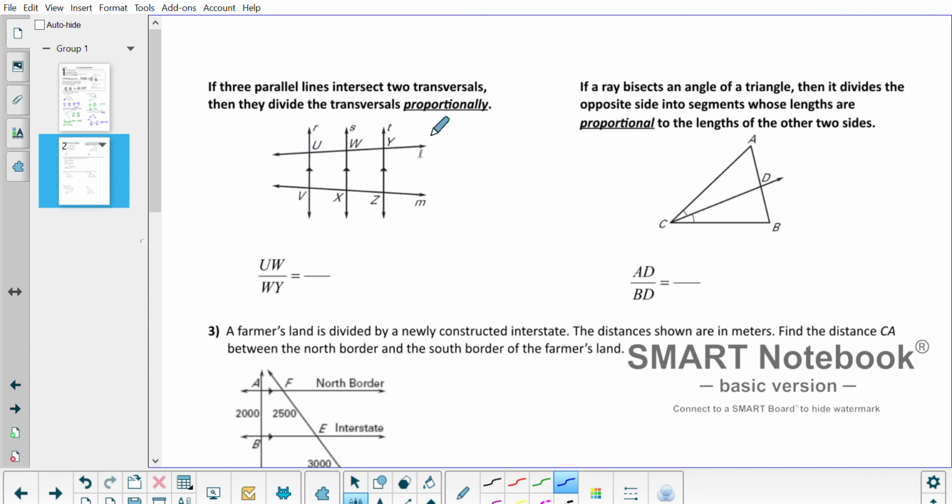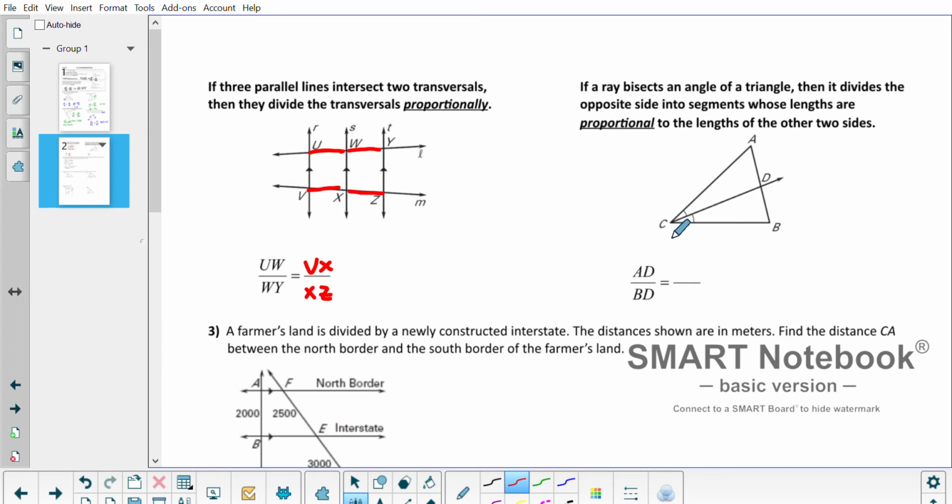I've got my transversal L and my transversal M. These parallel lines are going to divide the transversals proportionally so that these segments here in the inside of the parallel lines are going to be our proportional segments. So UW, which is this first one up here, over WY, is going to be equal to VX over XZ. So that's our first proportionality idea that we're going to talk about.